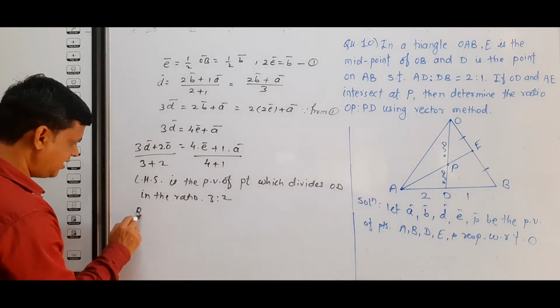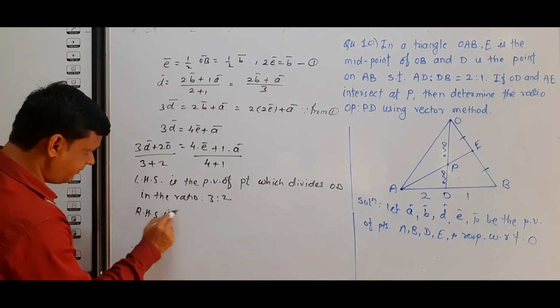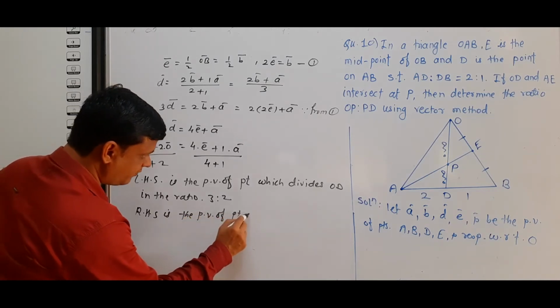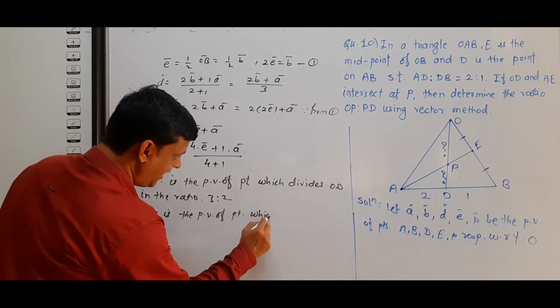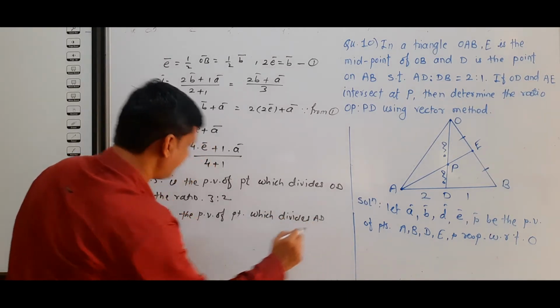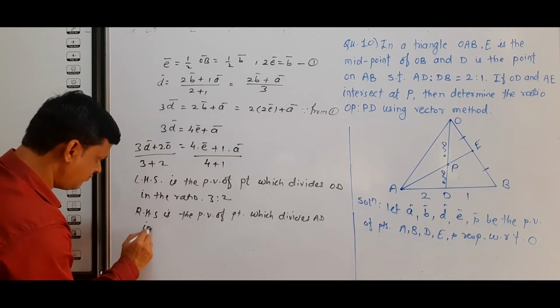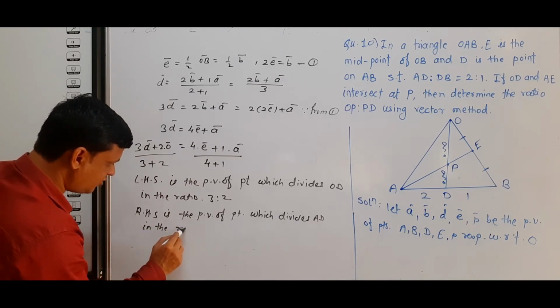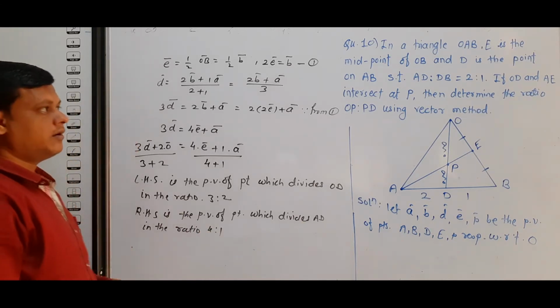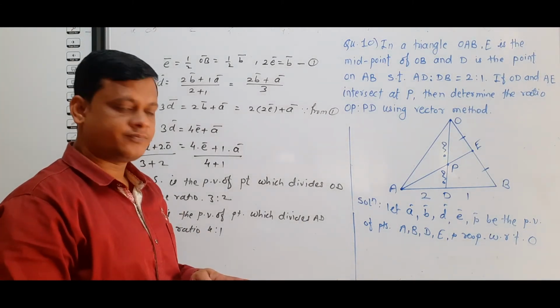So we write here RHS is the position vector of the point which divides AE in the ratio 4:1.